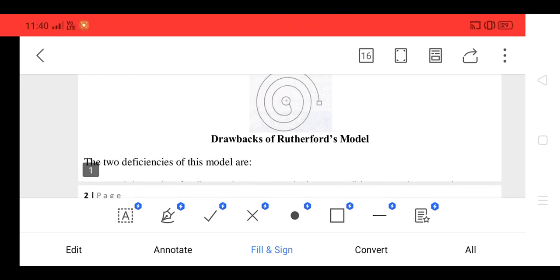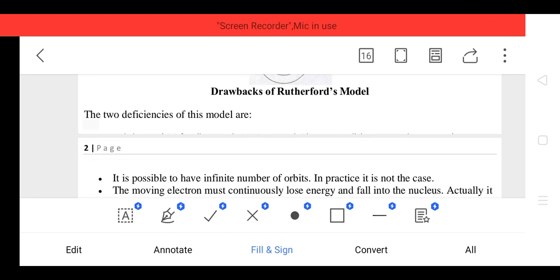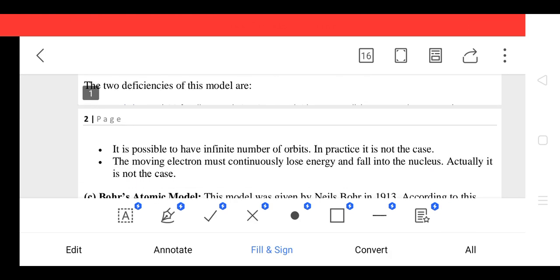But this atomic theory given by Rutherford has two cons or two deficiencies. First one is, it would be possible to have an infinite number of orbits. In practice, it is not the case. Practically it is not possible to have an infinite number of orbits.